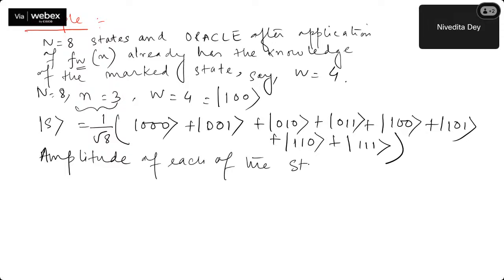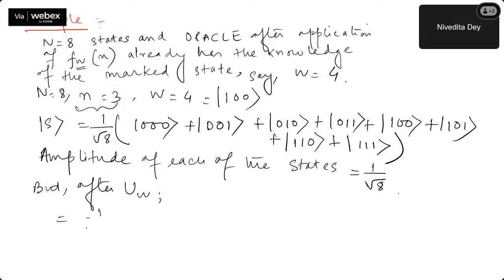Each of these states is basically 1 by root 8. But after UW, it is a bit different.